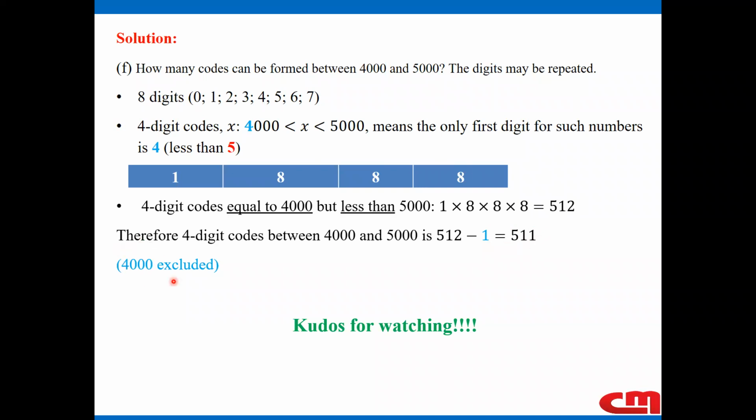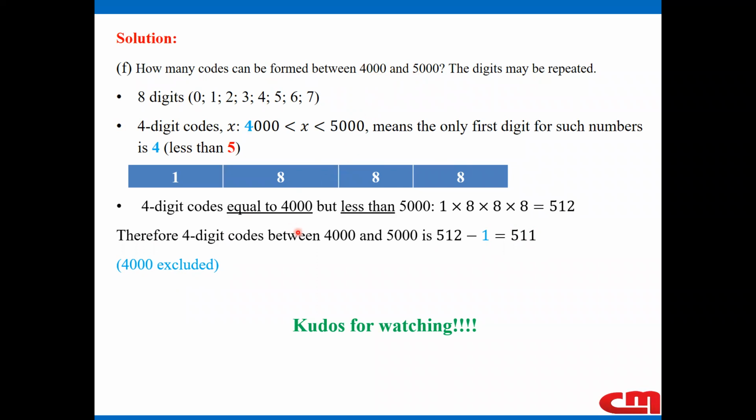We have excluded the 4,000. It's not part and parcel of what we want. We want the codes to be greater than 4,000 but less than 5,000.